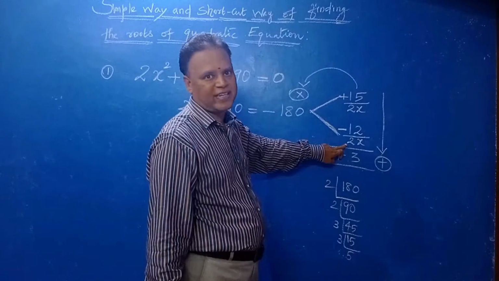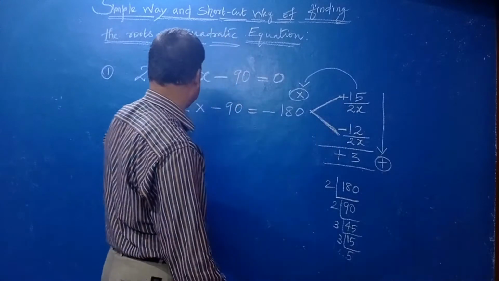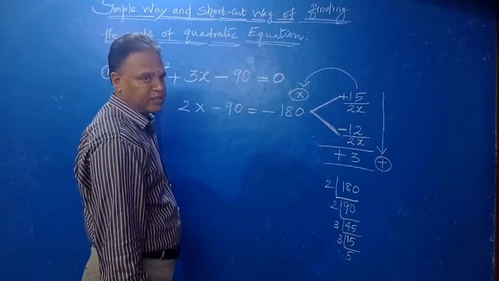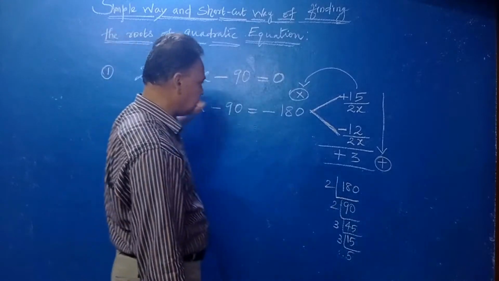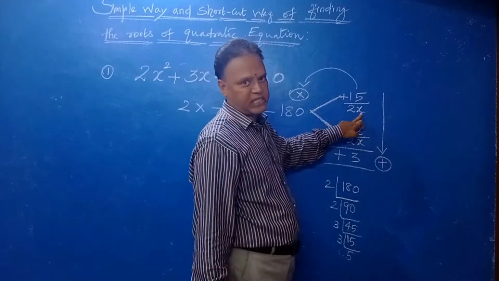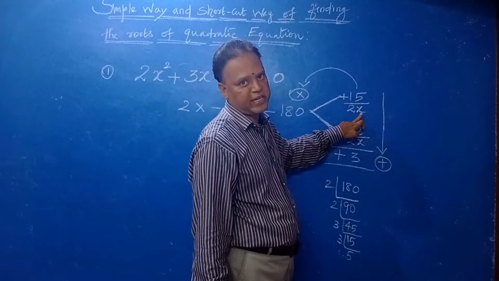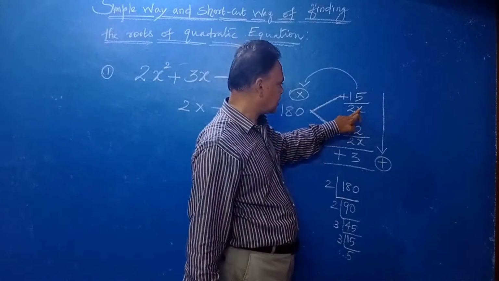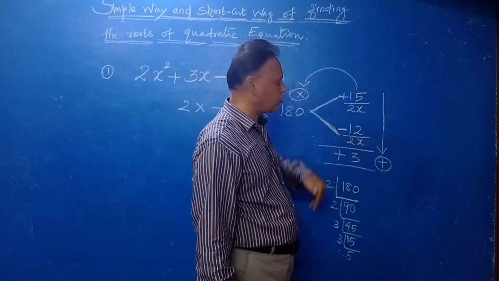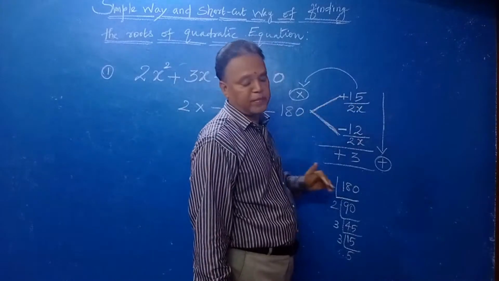That is the rule. Clear? You take the x squared coefficient into x, not x squared. Because only then will you get x into x squared. That is the method.